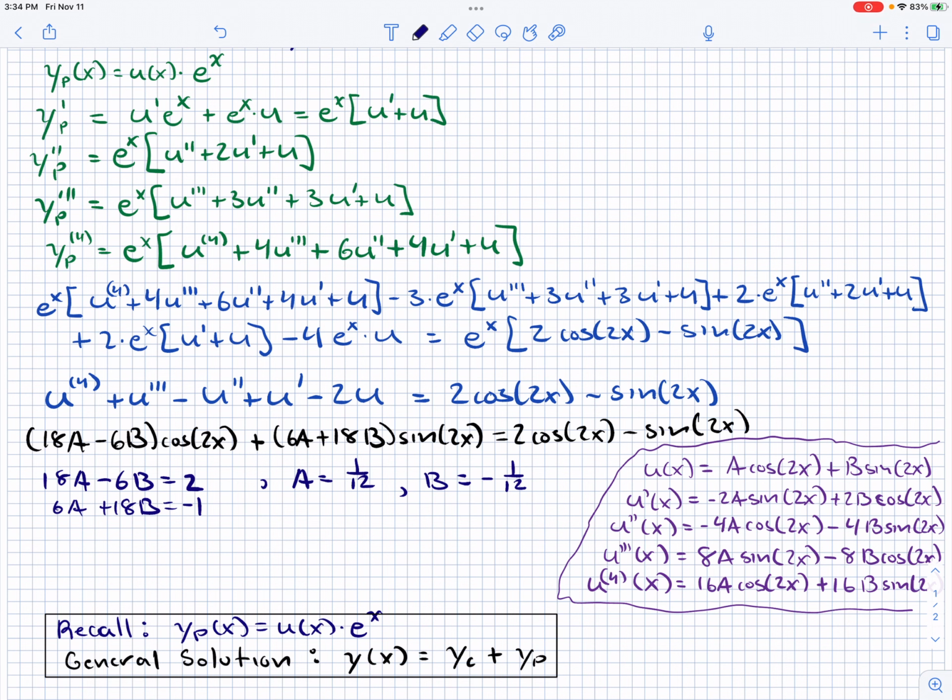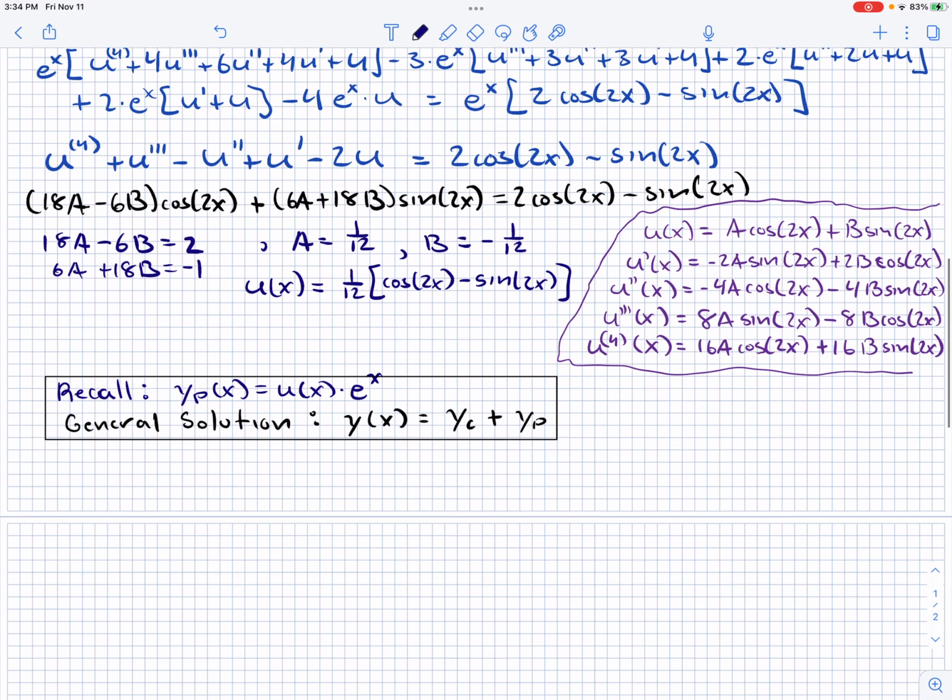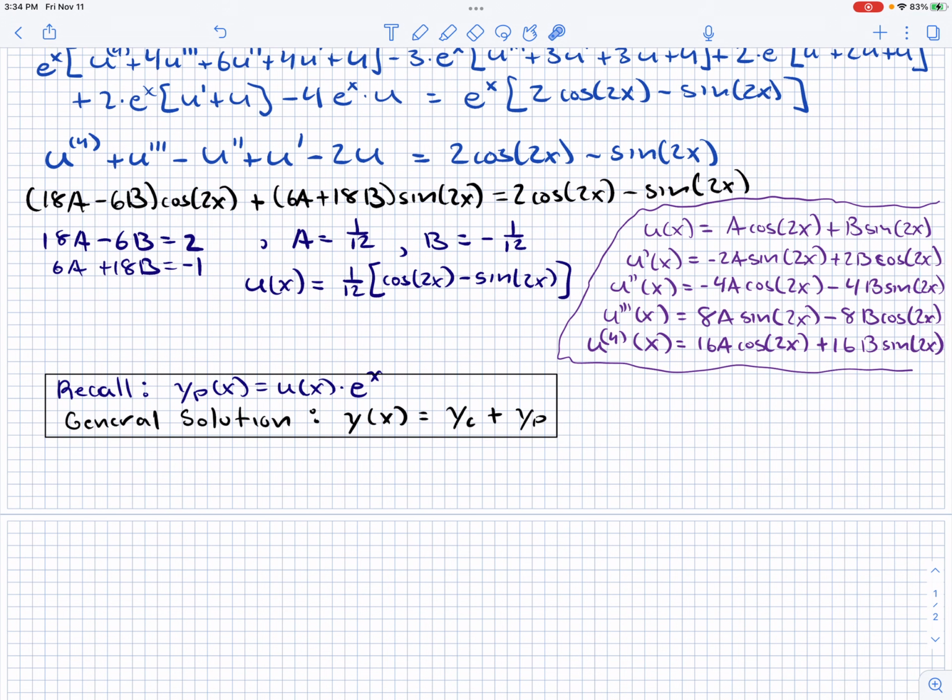And that gives us our nice u of x, which is, I'm just going to factor out the 1/12, and that will leave us with cosine of 2x minus sine of 2x. And then we recall that we were trying to find y of x, not u of x.